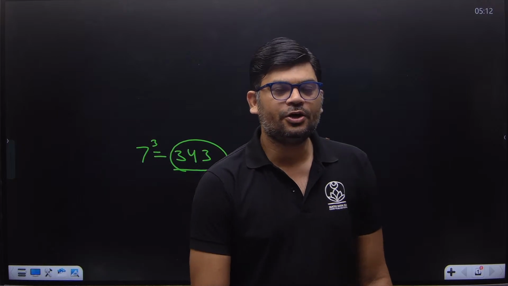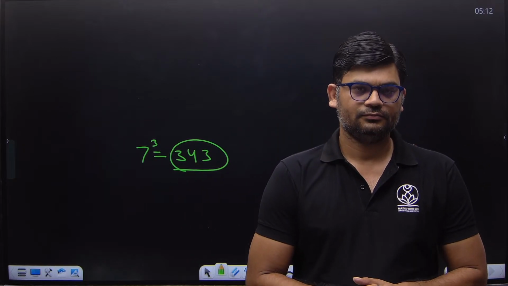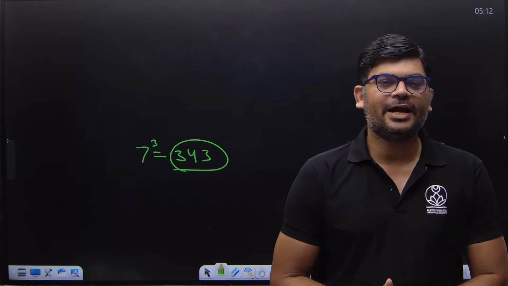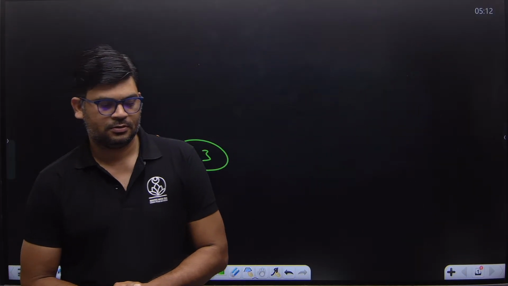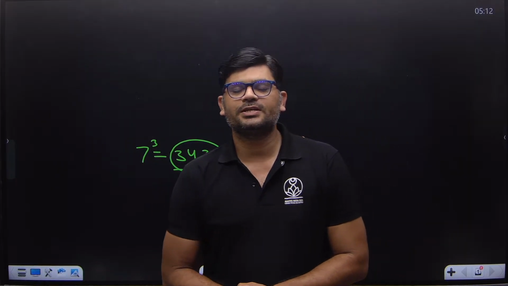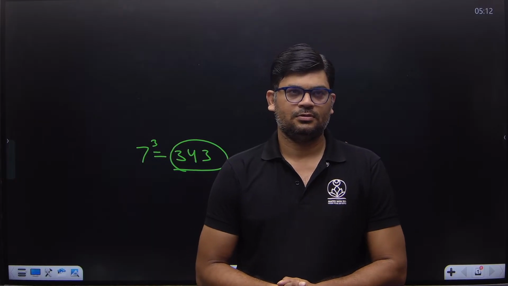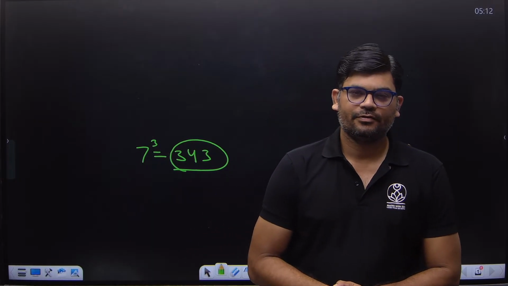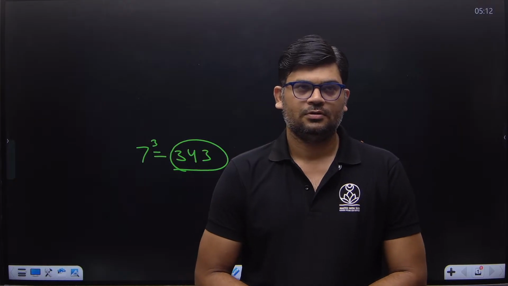What is 3 to the power 5? 243, right? Very good. What is 9 to the power 3? 729. Very good. What is 3 to the power 6? 729 also. What is 4 to the power 5? 1024.